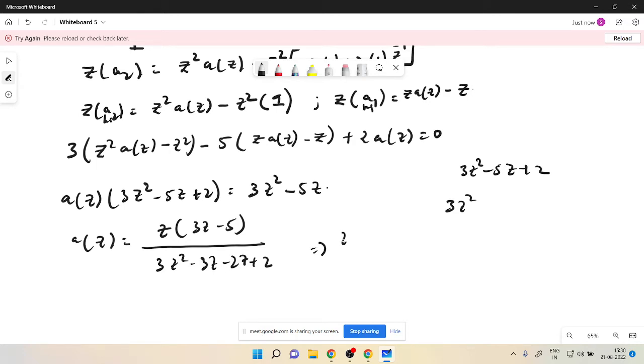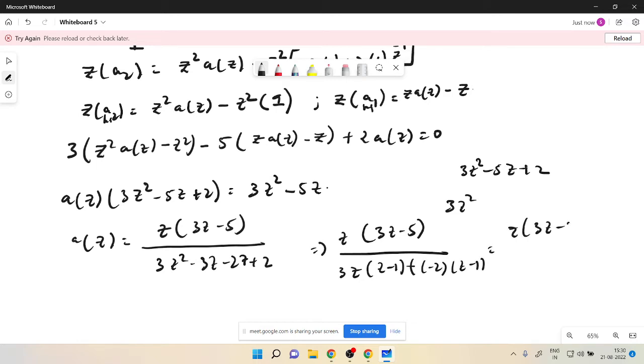So this is z into 3z minus 5 divided by 3z into z minus 1 minus 2 into z minus 1. So this is nothing but z into 3z minus 5 by 3z minus 2 into z minus 1.